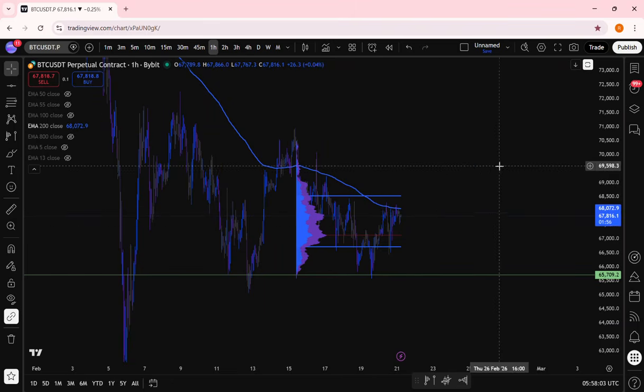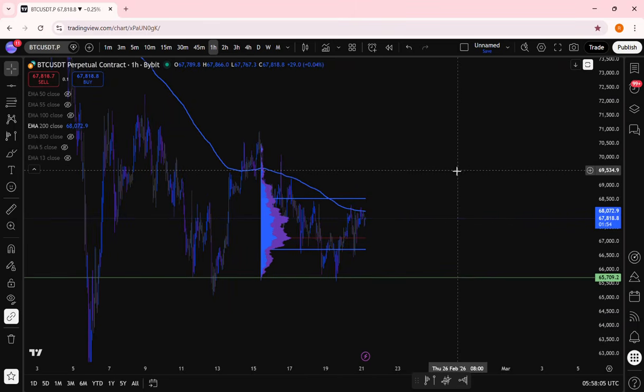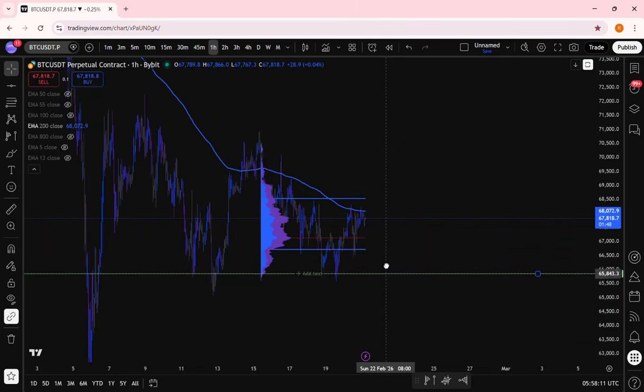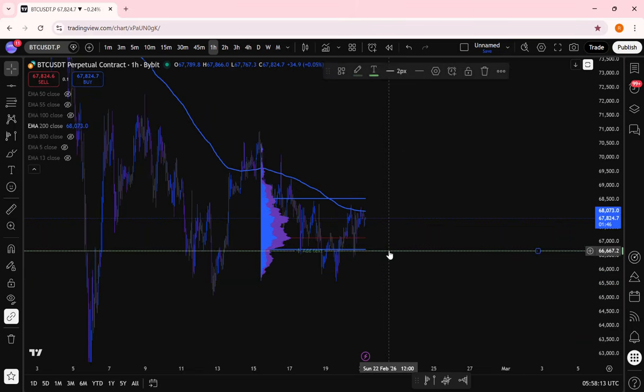So that's the only EMA we need to focus on. If we come back into this zone, let me just move that there. 66,600, let's say. If we lose that, we can come back and sweep these liquidity levels that we have underneath here.